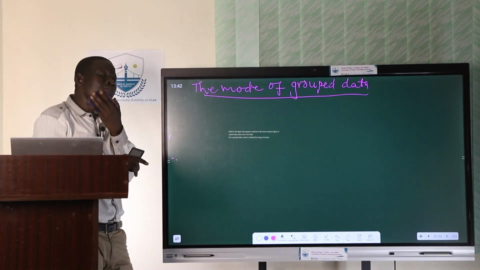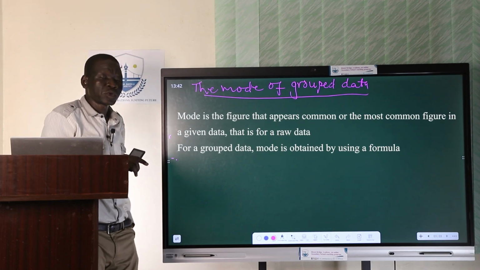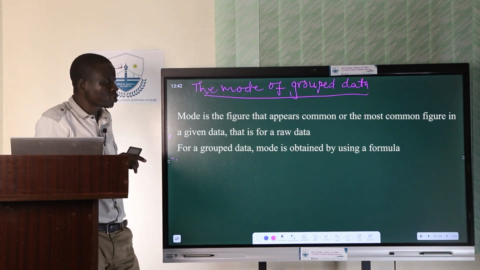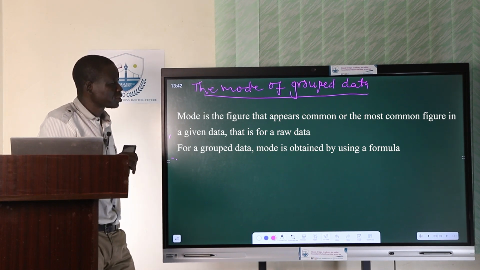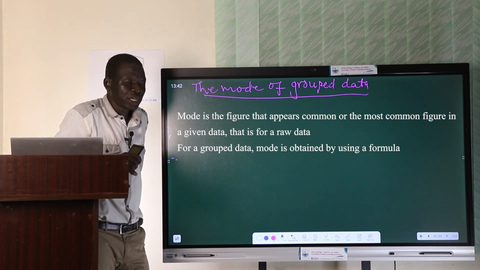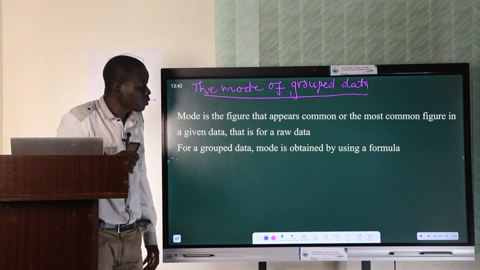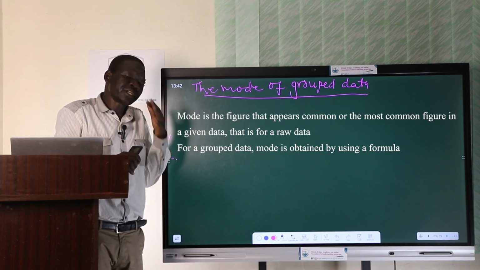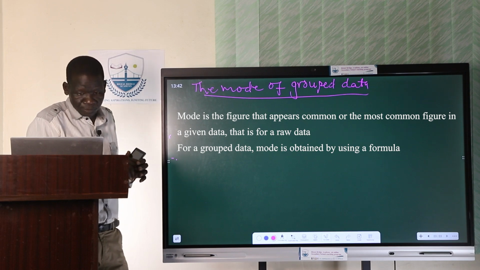We said that mode is the figure that appears most commonly in given data. That is for the raw data. But for group data, mode is obtained by using a certain formula.